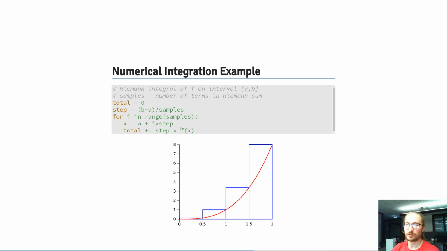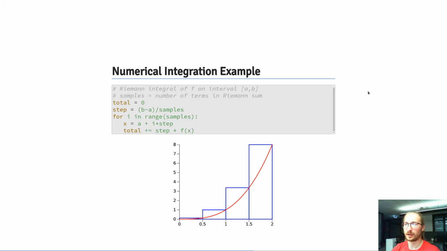We then compute f of x for that x, for whatever function I'm trying to integrate, and then we multiply it by the size of that step, and that will give me the area of that rectangle. We then add that to the total, and then basically rinse and repeat. And of course, if the number of samples is higher, then we'll get thinner rectangles, which will get me a closer approximation to the true answer.